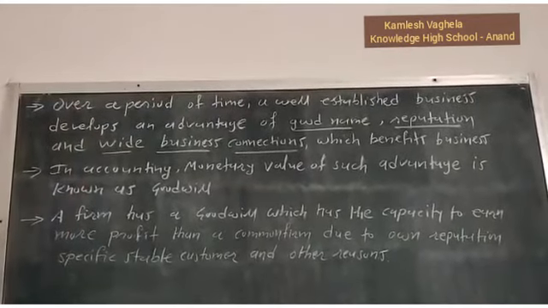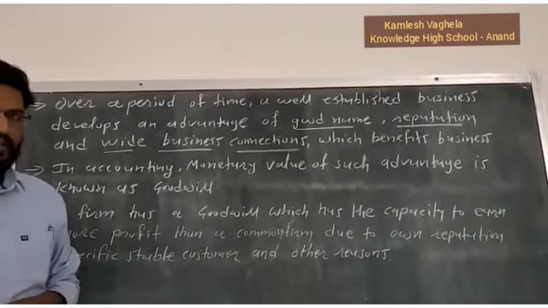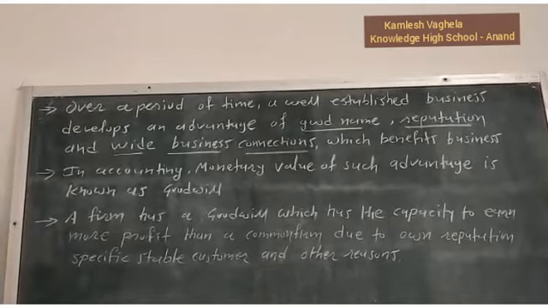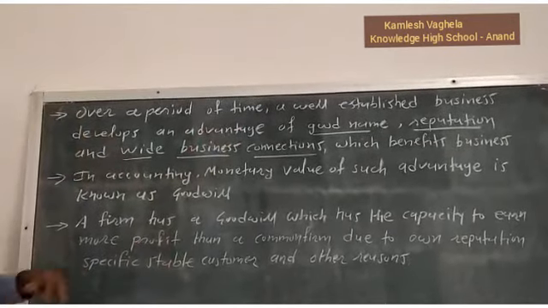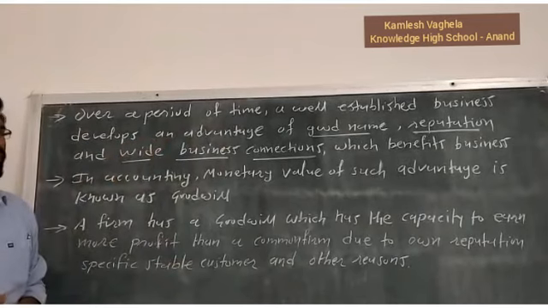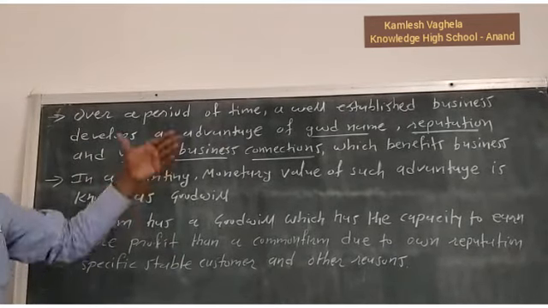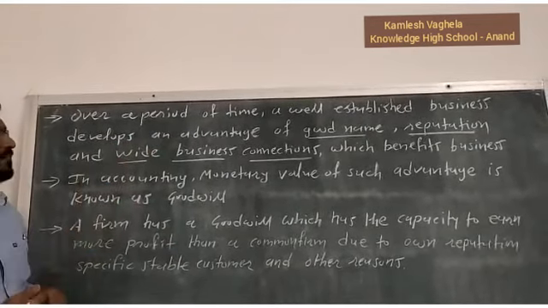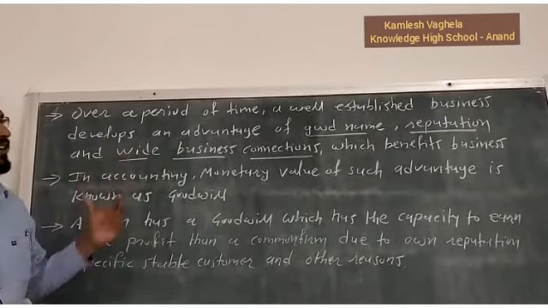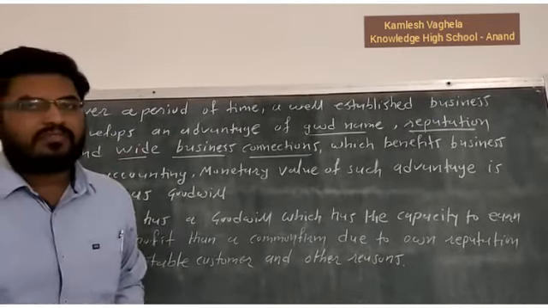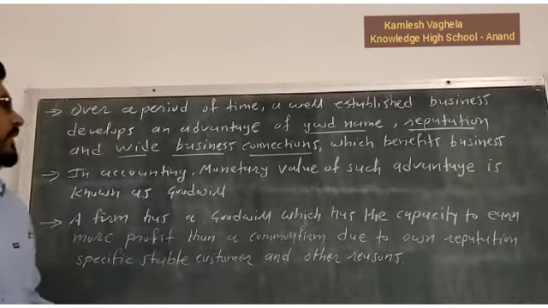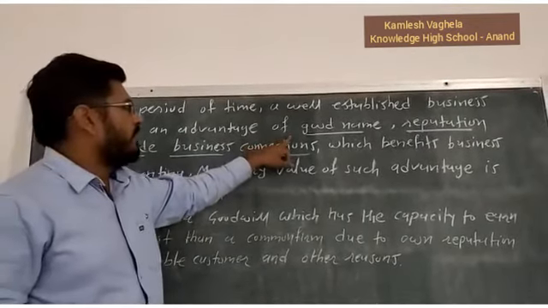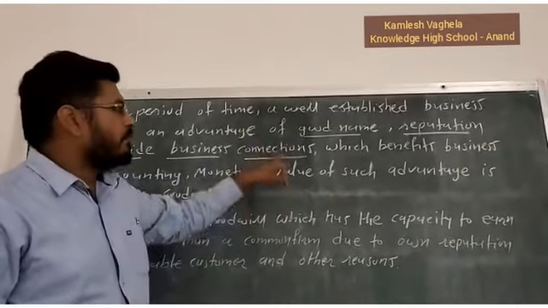Over a period of time means as our business becomes old and time passes, a well-established business develops these advantages, which help the business create the value of goodwill. Good name means our business is famous, we are a brand.